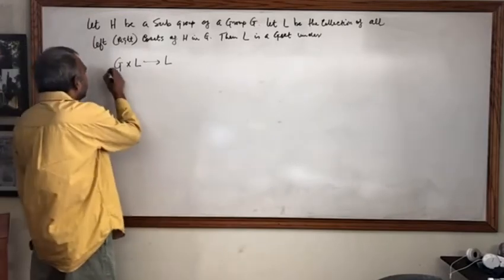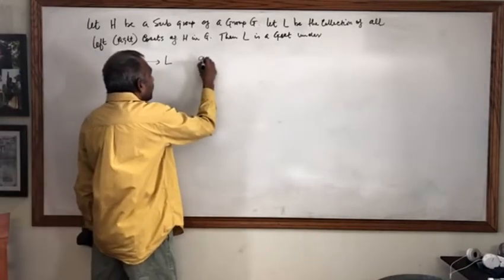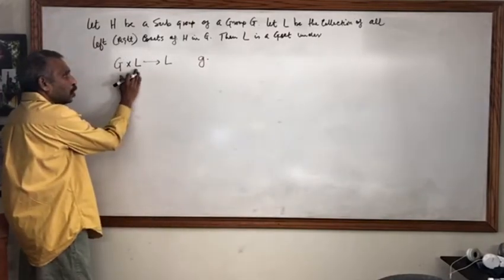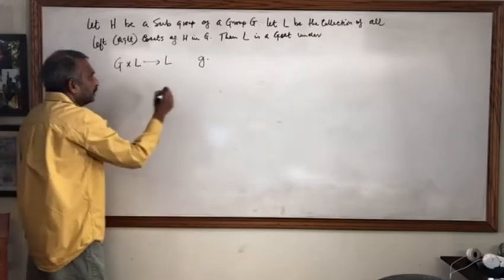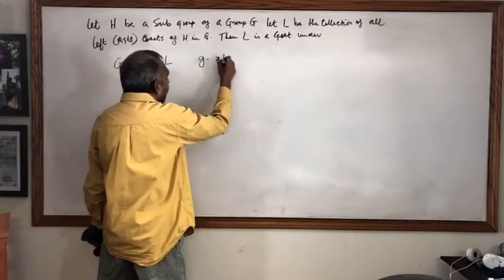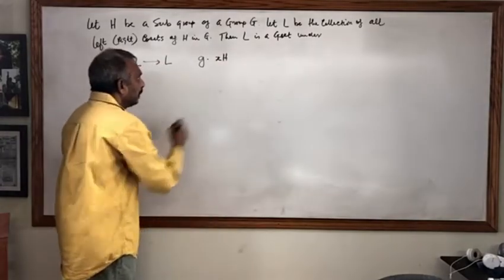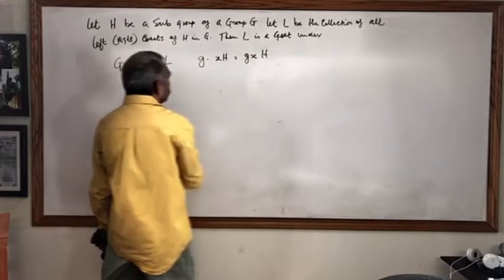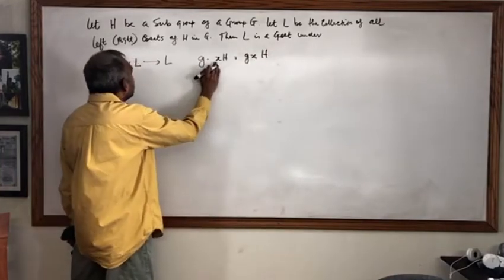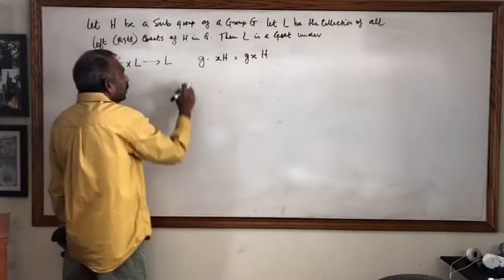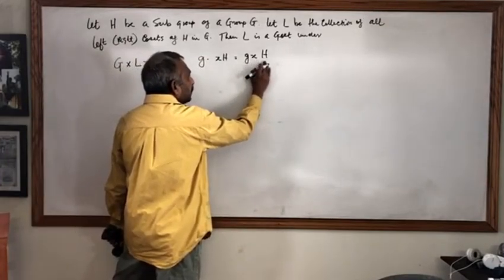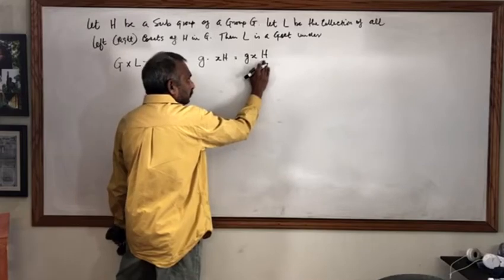And that definition is, G times L is the collection of cosets of H in G. So it will be of the form xH, and that is equal to gx of H. See, this x is in G, so gx is in G. So this is a well-defined left coset.